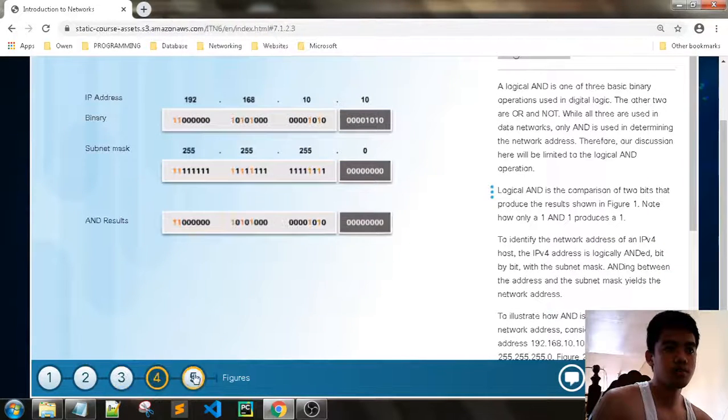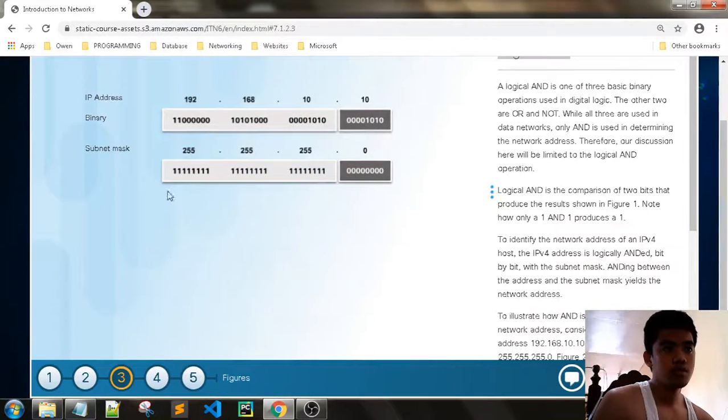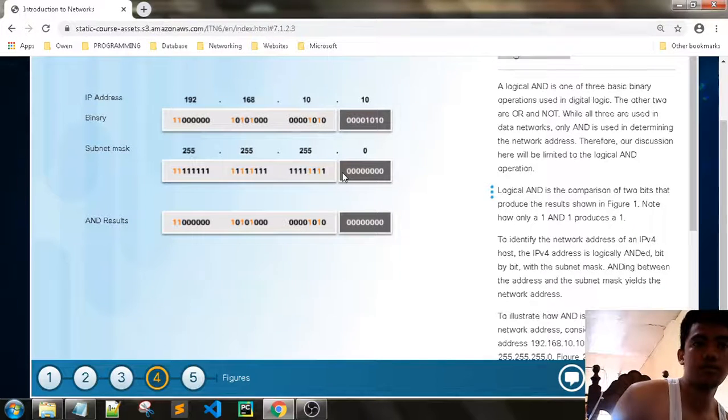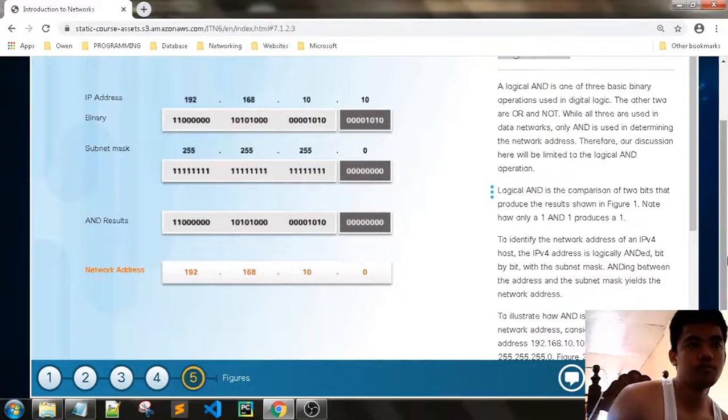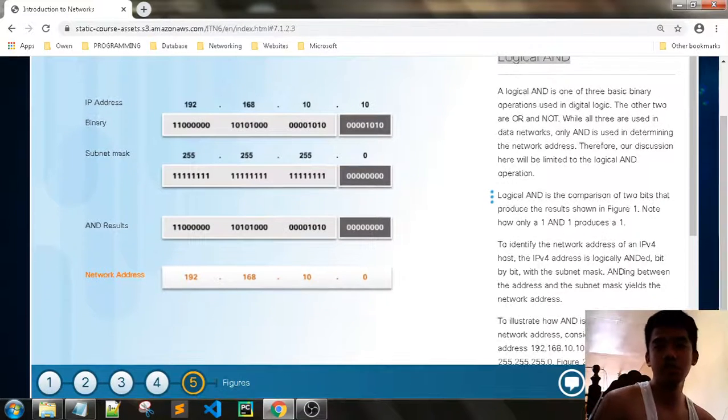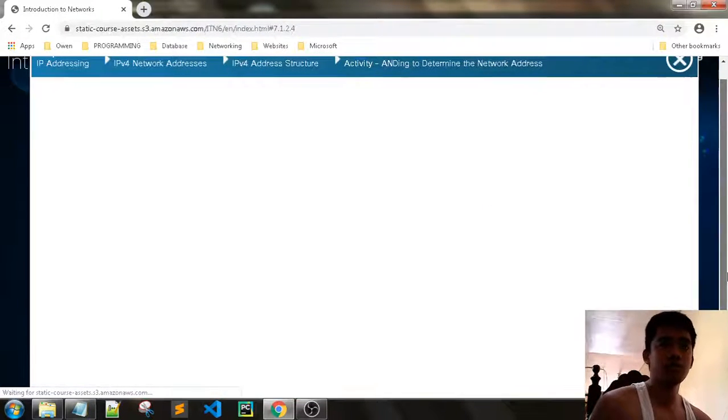We have the IP address in binary and the subnet mask also in binary, and we compare each bit of the binaries. The result would be the network address.